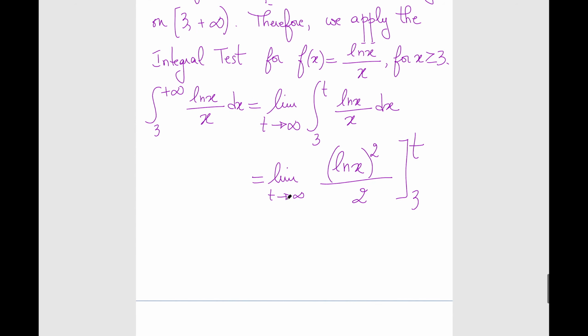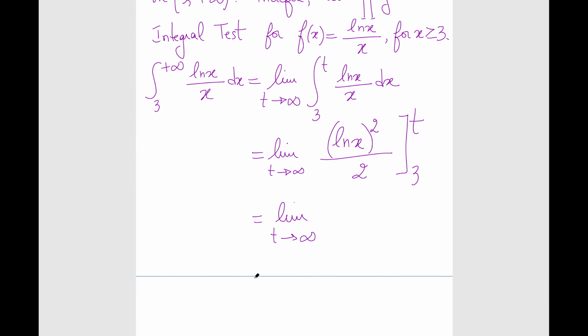All right. Now, before letting t go to infinity, let me write this using the fundamental theorem of calculus part 1. This is ln t squared minus ln of 3 squared over 2.